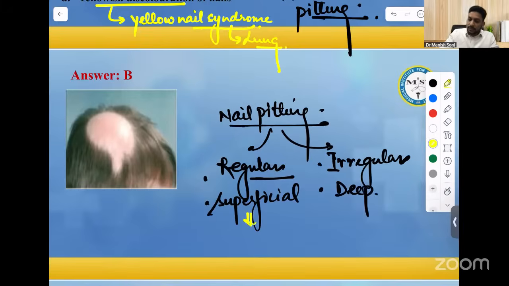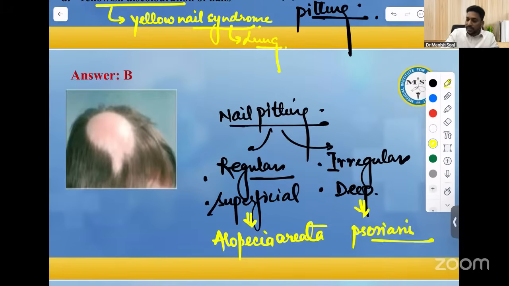Regular pitting is seen in alopecia areata, while irregular deep pits are seen in psoriasis. So pitting is seen in alopecia areata also, it is seen in psoriasis also, but how are you going to differentiate? Here it is superficial and regular, while in psoriasis it is irregular and deep.